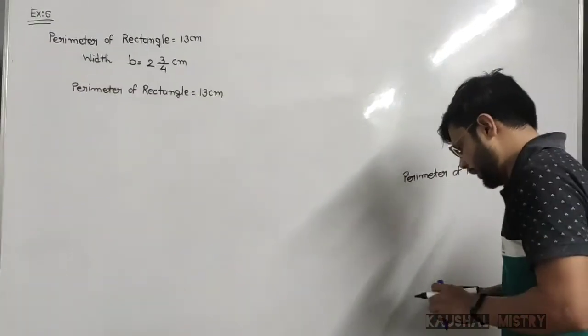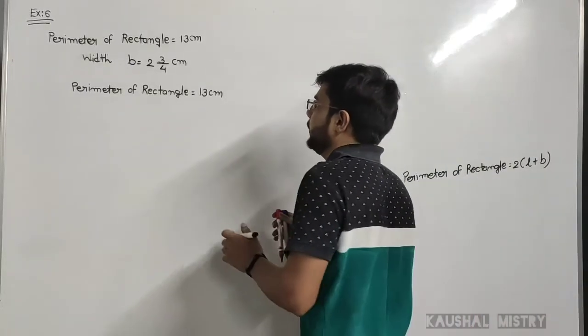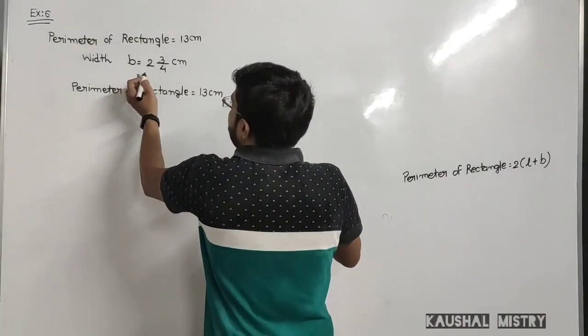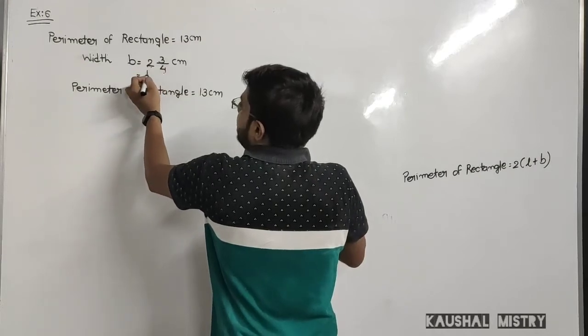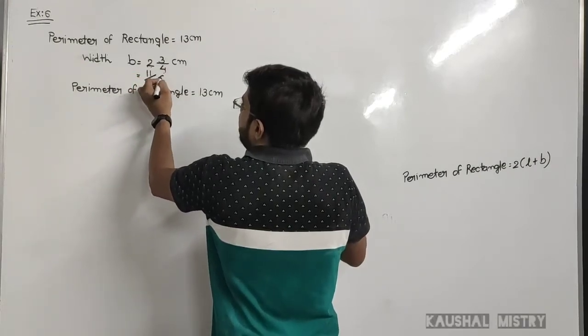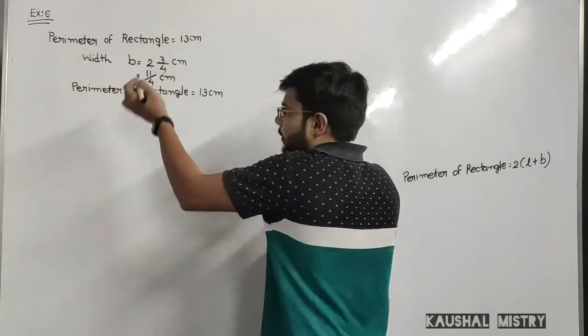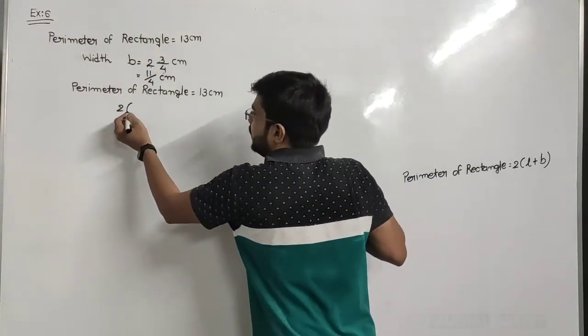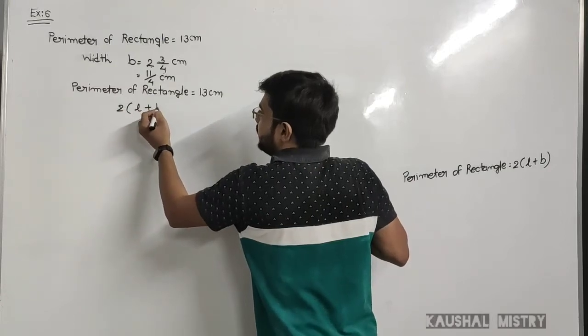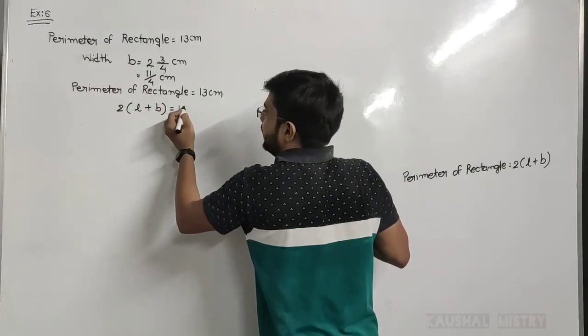If we convert this into an improper fraction, 2 4s are 8 plus 3, that means 11 by 4 centimeter. So the perimeter of a rectangle will be 2 multiplied by L plus B is equal to 13 centimeter.